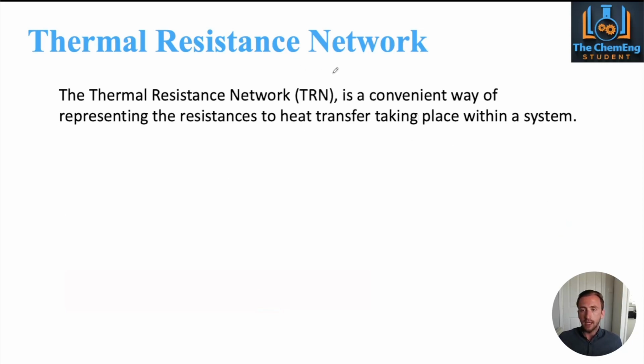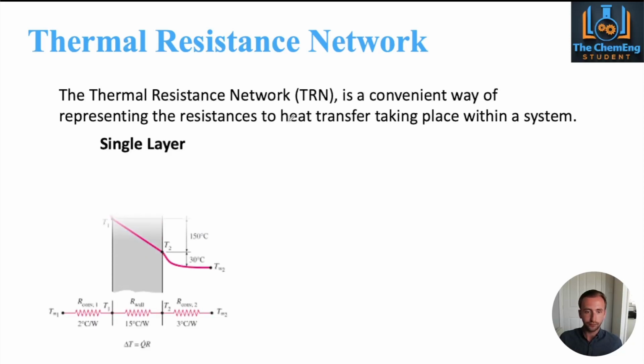Now, if we take everything that we've seen so far and put it into what's called a thermal resistance network diagram, sometimes denoted as TRN, this is a very convenient way of representing the resistances to heat transfer.